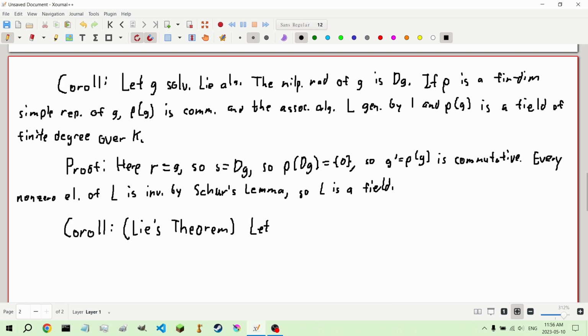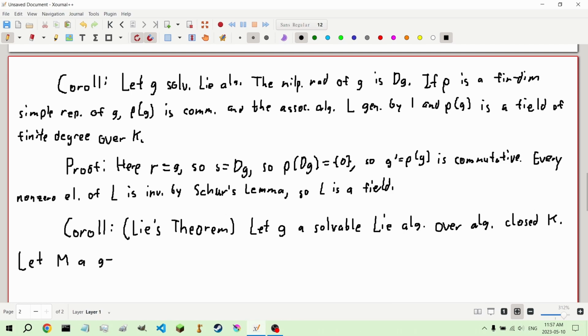So we're going to let G be a solvable Lie algebra over an algebraically closed K. Let M be a G module of finite dimension over K.